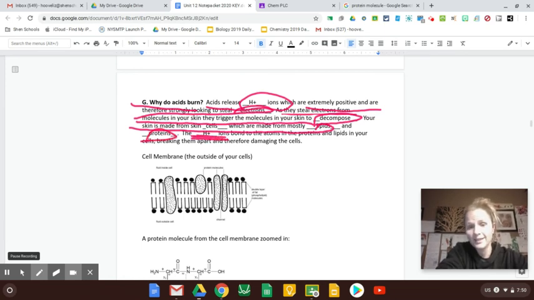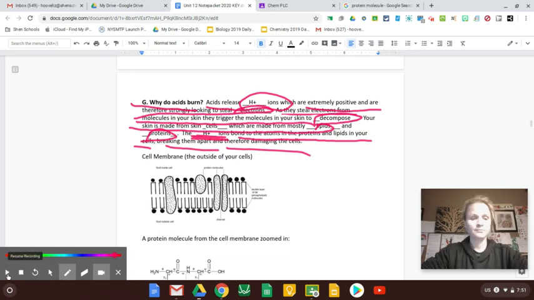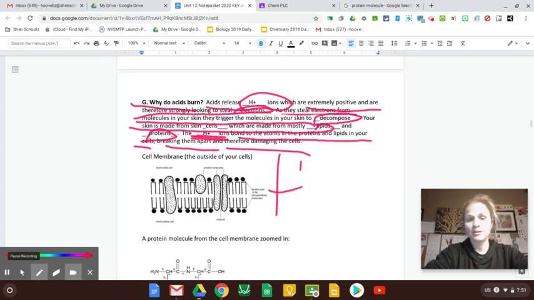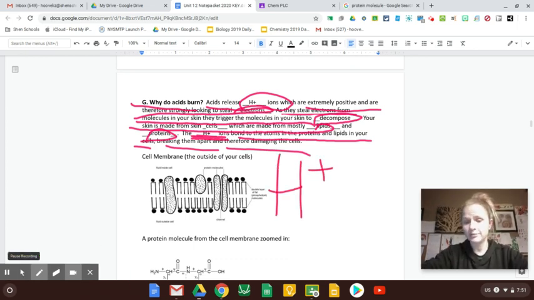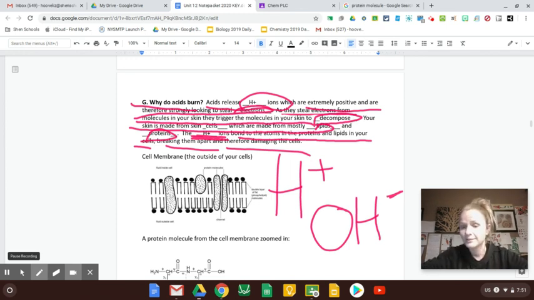Those H+ ions bond to the atoms in the proteins and lipids in your cells, breaking them apart and therefore damaging the cells of your skin. So for acids, it's all about that H+ ion doing damage. Why do bases burn? Same reason, except bases tend to give off OH- ions, which are super negative, and they're dying to also break bonds to form their own.